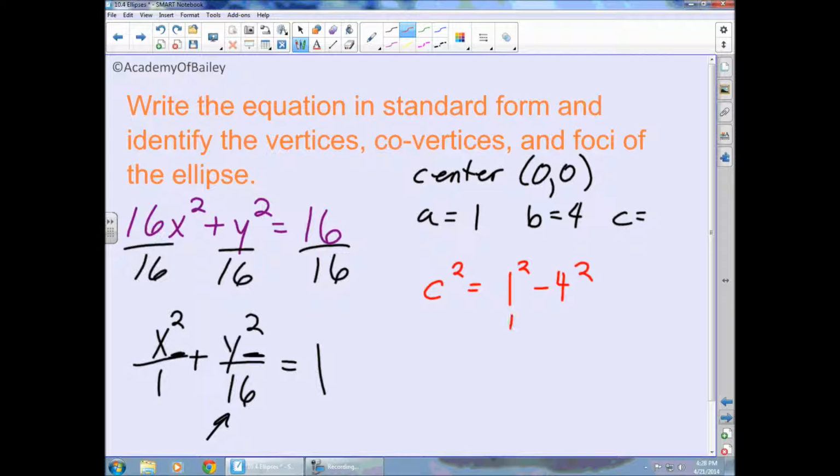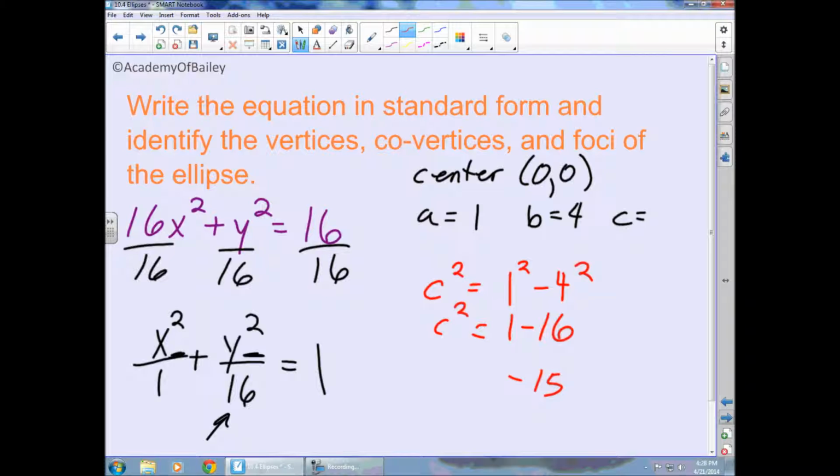So 1 squared is 1, minus 16. Got a problem here because we're going to get a negative number. What's the problem?